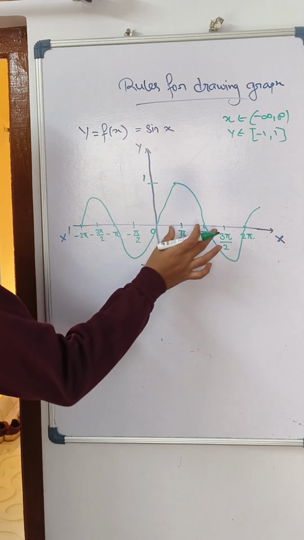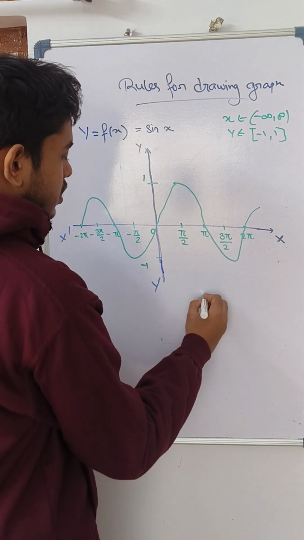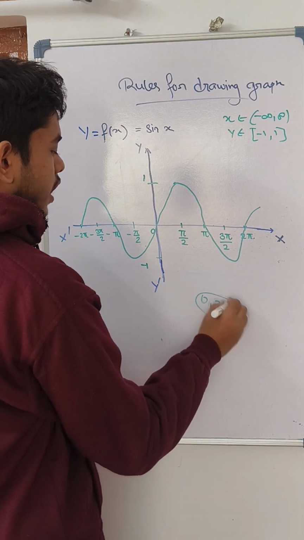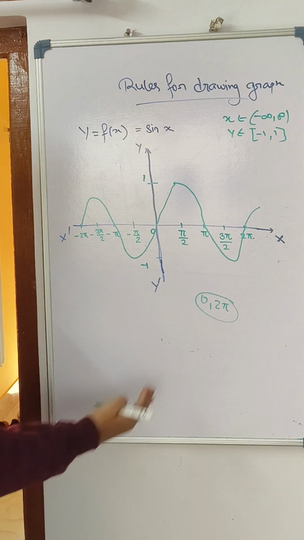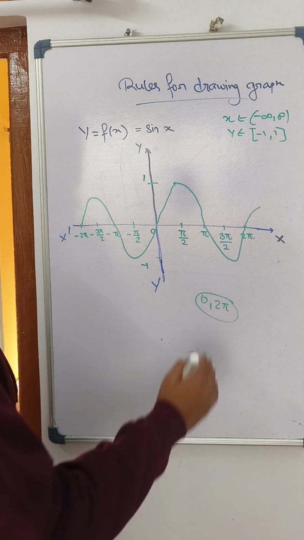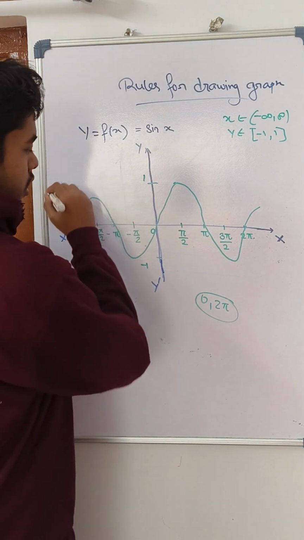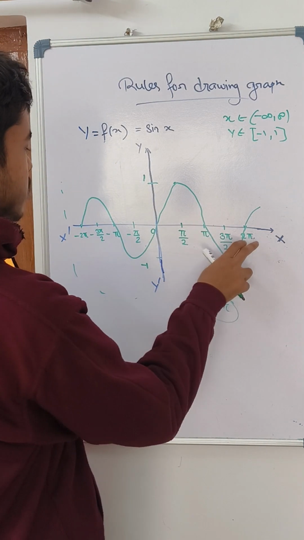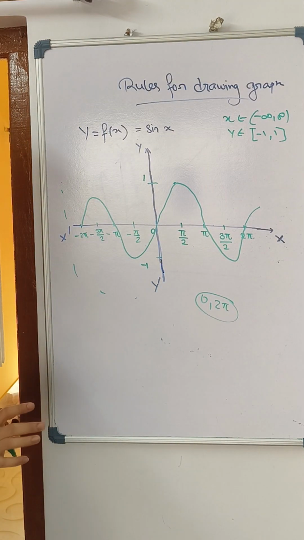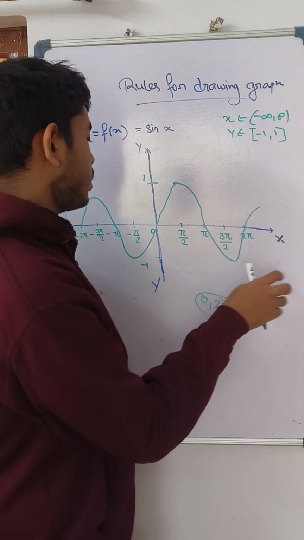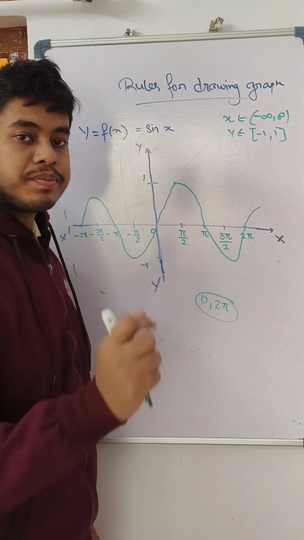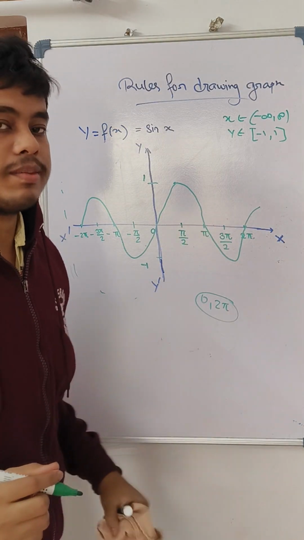From 0 to 2 pi, sine repeats itself. So this graph is same as this graph. See, 0 to 2 pi, minus 2 pi to 0. So after every 2 pi, this sine always repeats.